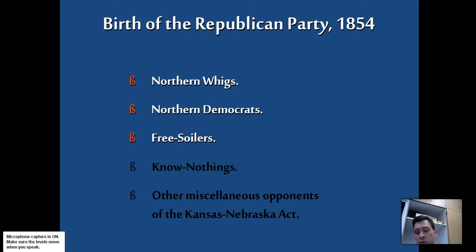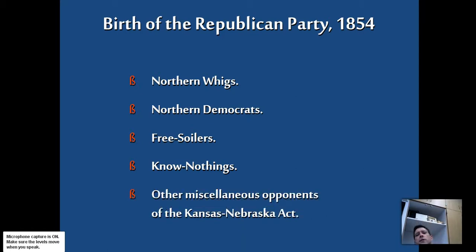That's what free soil means. Basically, you're on the land and you should be able to have freedom instead of slavery. It's also made up of some of the Know-Nothings, again with that anti-immigrant, anti-Catholic feel to it. And then there are also other opponents of the Kansas and Nebraska Act, which we will get into in just a little bit.